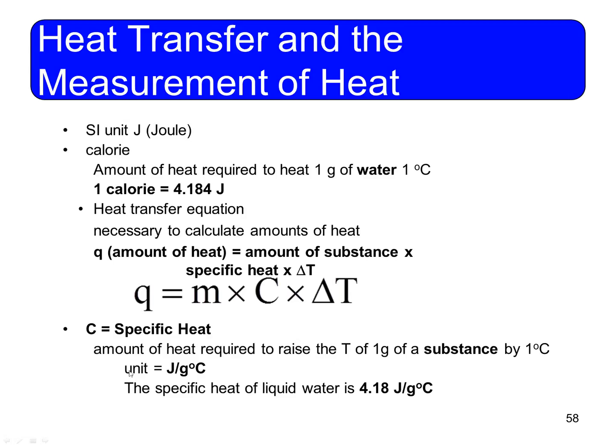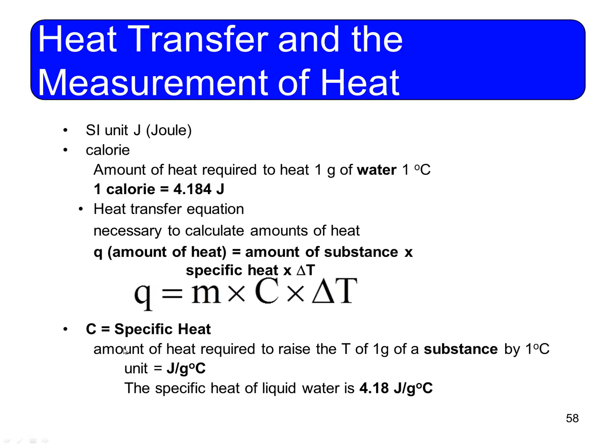Okay. Specific heat, these are values that will be given to you. The specific heat of water is 4.18 joules per gram degrees C. It is kind of important to see these units here.